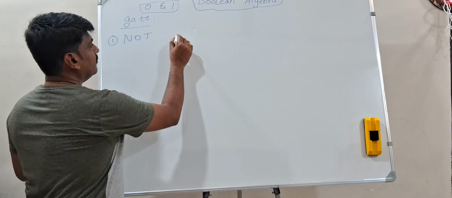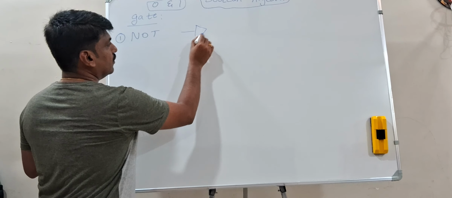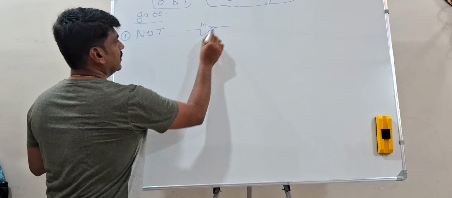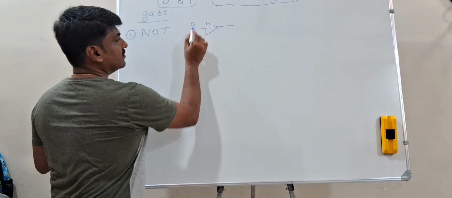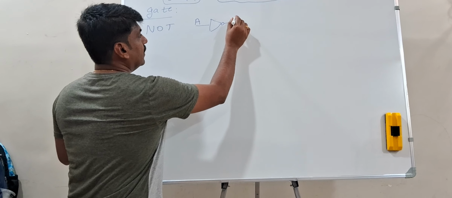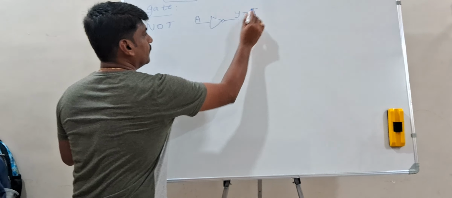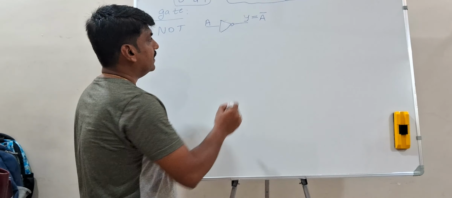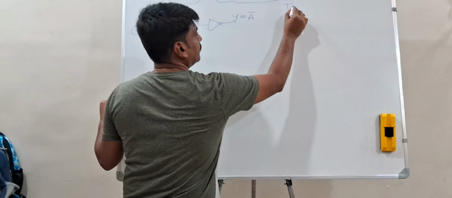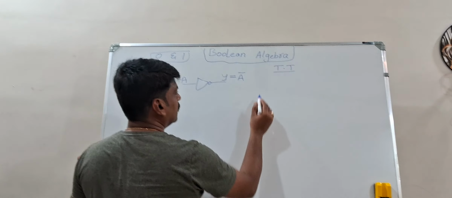So we'll write the symbol for the NOT gate. The symbol for the NOT gate is like this. If I call the input some variable a, the output I will mention as y equals a bar. Then we can write the truth table, which will show the relationship between input and output.